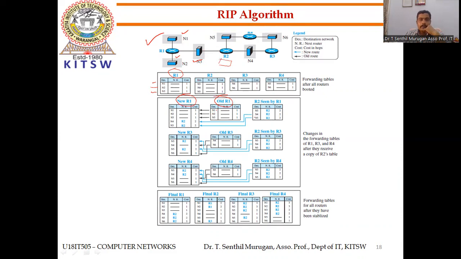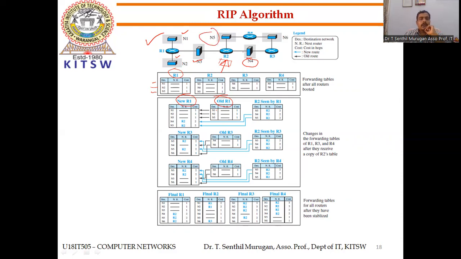Based on that, it will update. How will it update? In case the direct link is there from router 1, N4 is one more network there. Here N4 is there, no? The router will be added. R2 will be there. So through R2, N4 will be reached. Through R2, N5 is also reached.